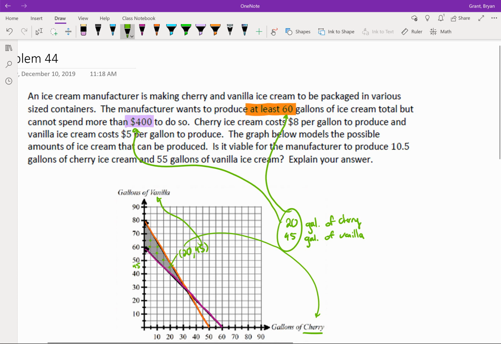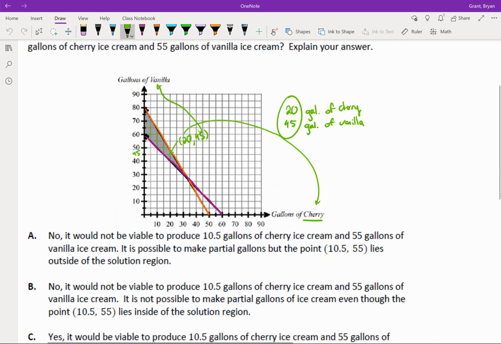Now you could do the math. You could take your $8 per cherry ice cream, and your $5 per vanilla ice cream, multiply it, add it up, and you'll find that that answer is less than 400. But I don't need to, because the point was in the shaded region, which means that it worked to accomplish both of these goals: at least 60 gallons, but less than $400.